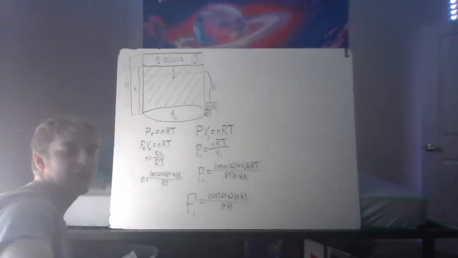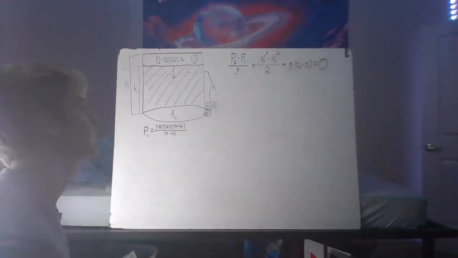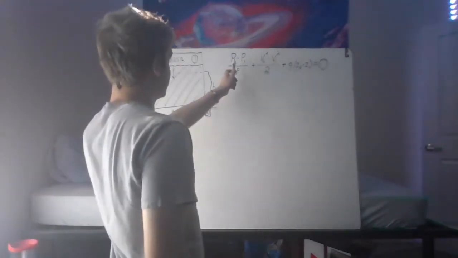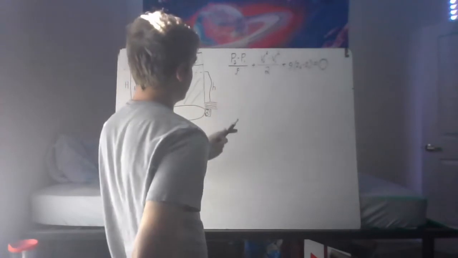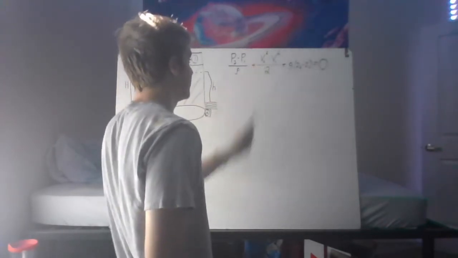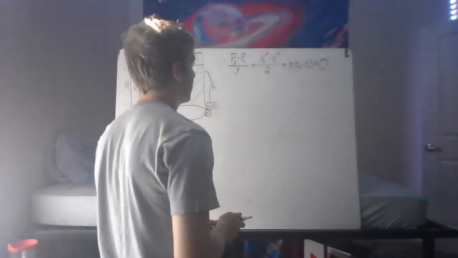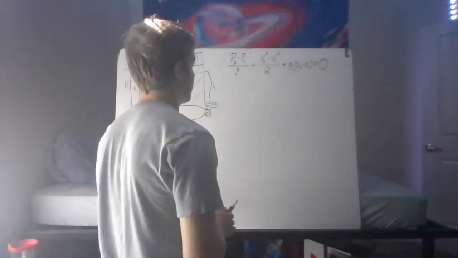Now we want to find the velocity of the liquid going out of this hole right here. To do that, we're going to use Bernoulli's equation, which I've written up here: P2 minus P1 over rho plus V2 squared minus V1 squared over 2 plus g times Z2 minus Z1, all equal to 0.